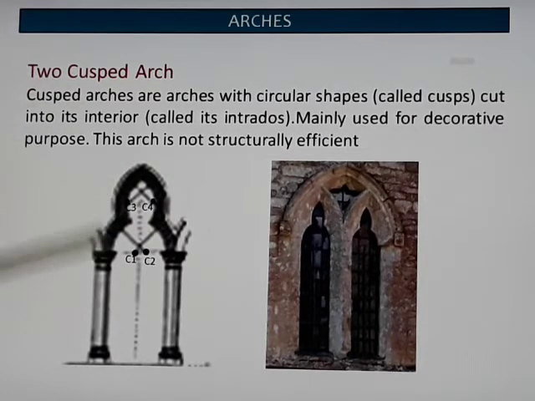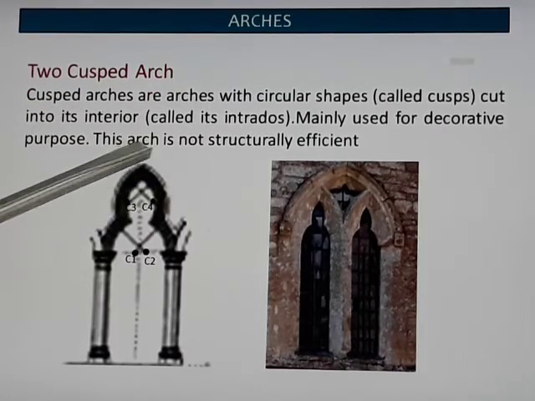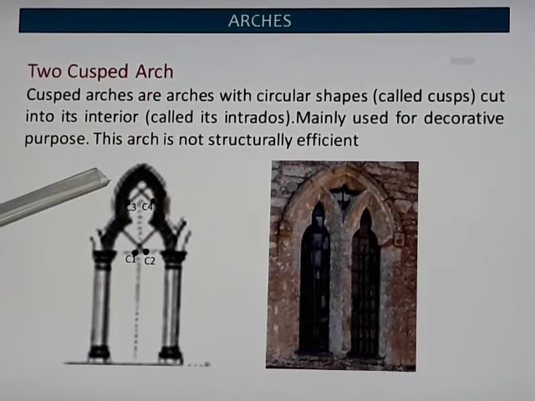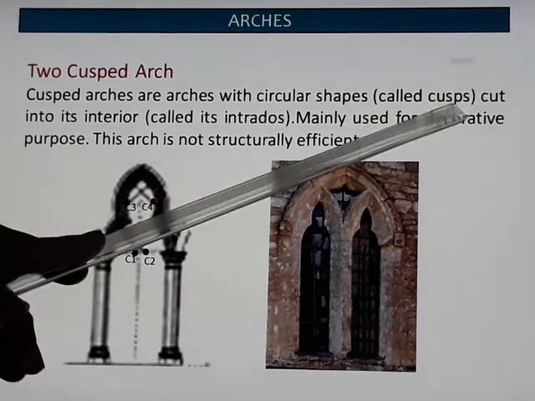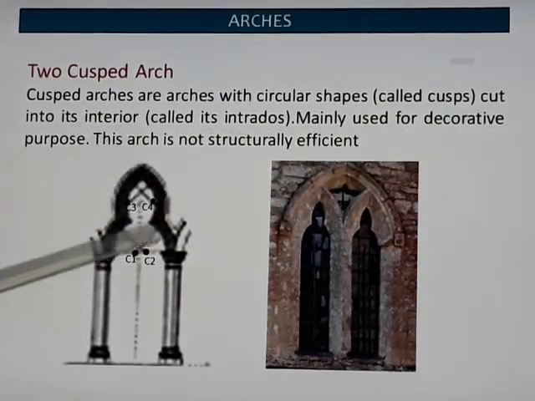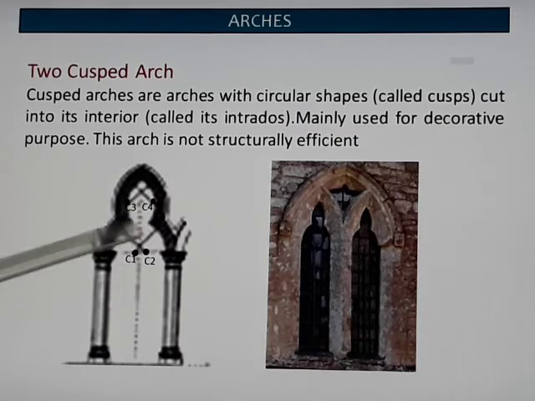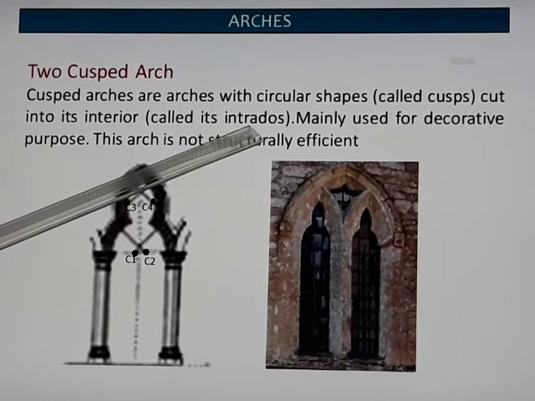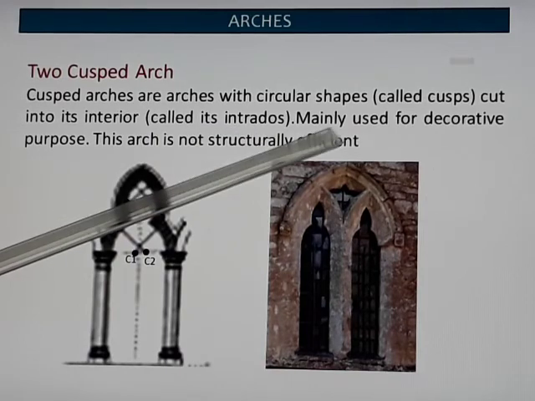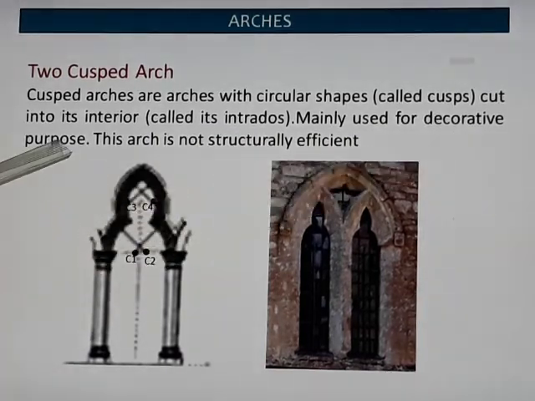Because of this construction, such arches are known as two-cusped arches. Let's have a quick reading of this. Cusped arches are arches with circular shapes called cusps cut into the interior. So in the interior we have such cuts, and this was mainly used for decorative purposes.